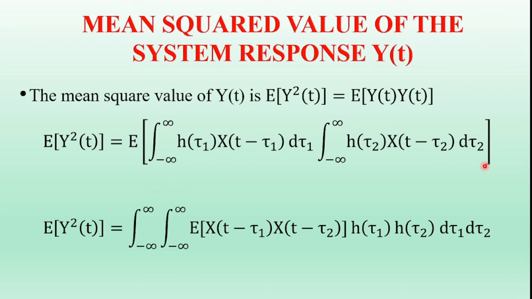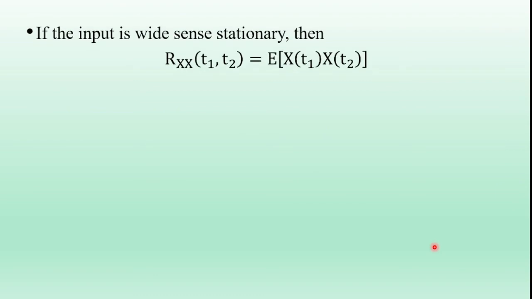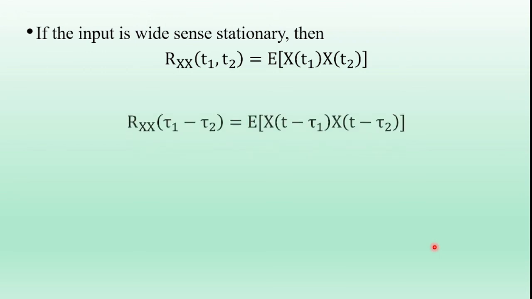Applying the expectation only to the random signal, the RHS term is the double integral from minus infinity to infinity of expectation of x of t minus tau 1 into x of t minus tau 2, into h of tau 1 into h of tau 2, d tau 1 d tau 2. If the input signal is a wide sense stationary random process, then Rxx of t1 comma t2 is equal to expectation of x of t1 into x of t2.